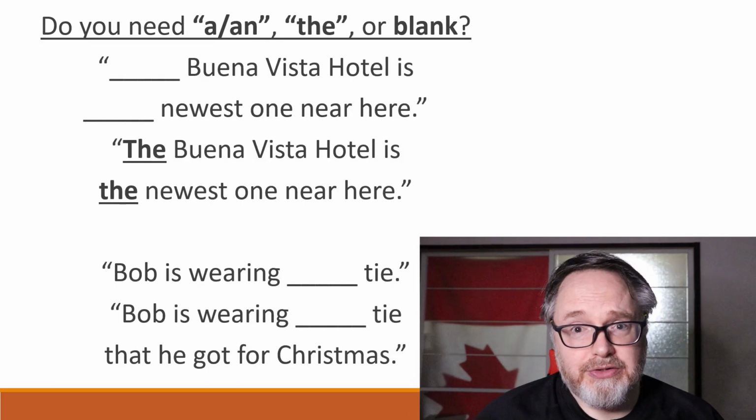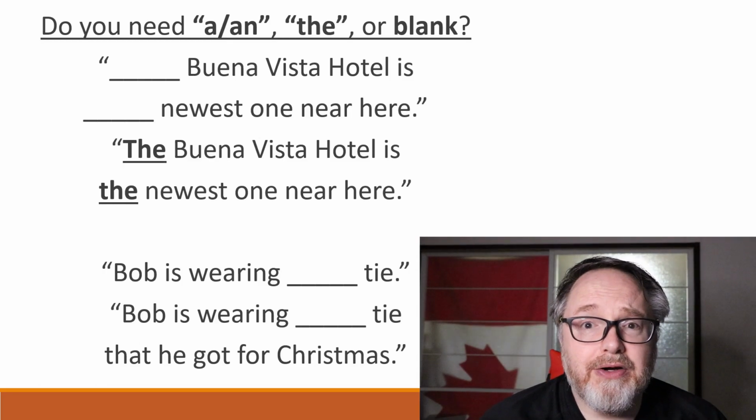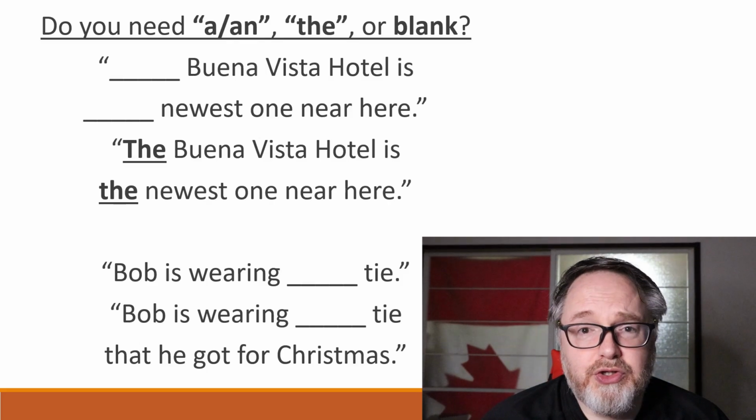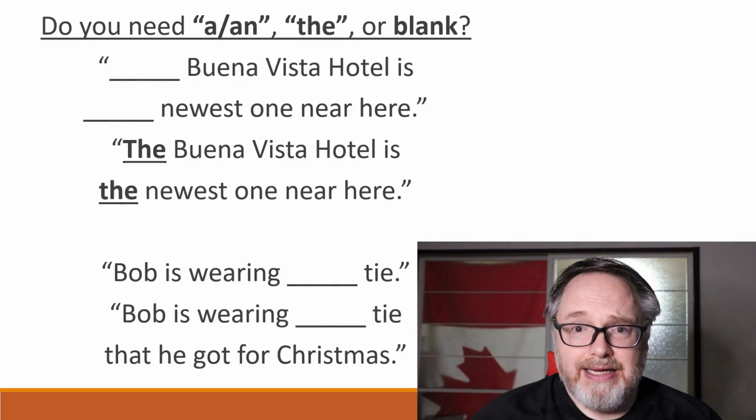Buena Vista Hotel is newest one near here. The Buena Vista Hotel is the newest one near here. We should use the with hotels, the Buena Vista Hotel, and we should use the with superlatives, newest, the newest. The next one, Bob is wearing tie.